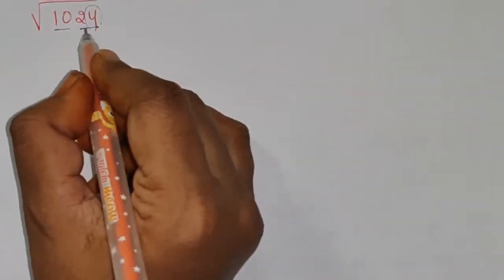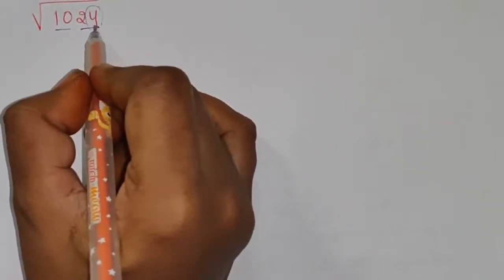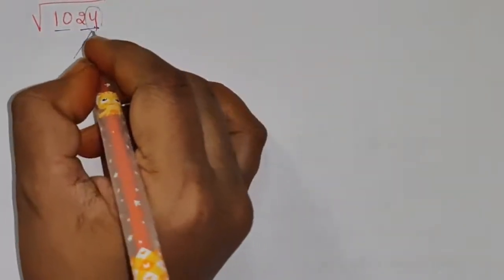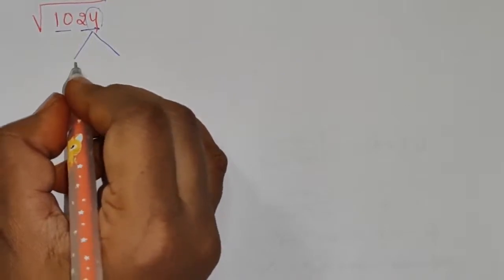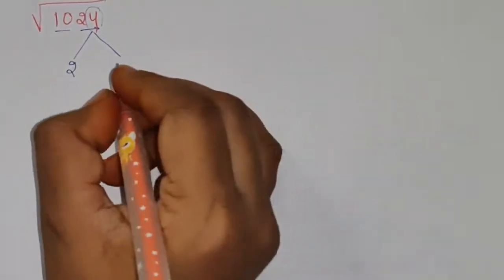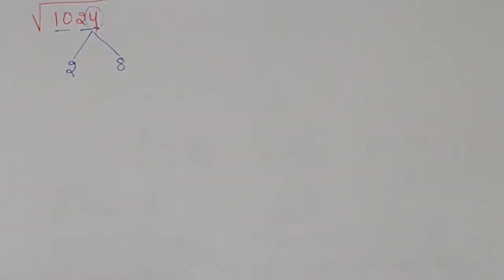Let us take another example. With this you will get a clear idea. So first of all, the first step, we pair up, and the next one is here in the ones place we are having 4. For which numbers will we have 4 as the ones place, for which square root numbers? 2 square is 4, right? Whether it may be 2, or 8 square is 64, so either 2 or 8. Okay, this is clear.